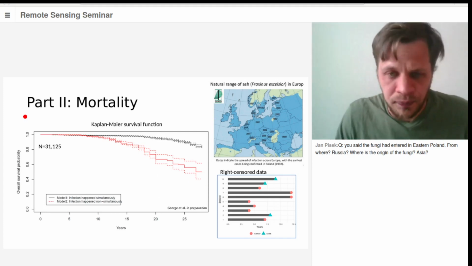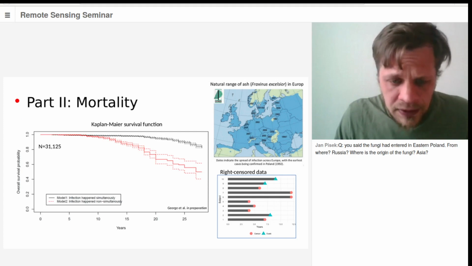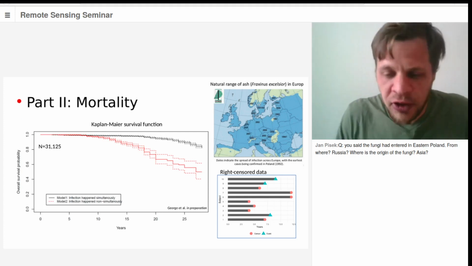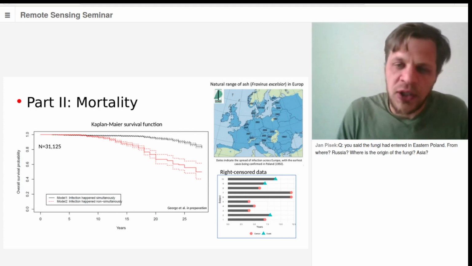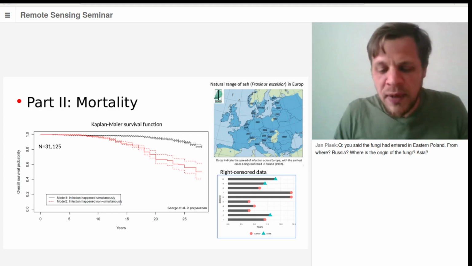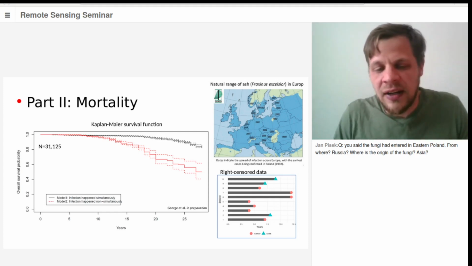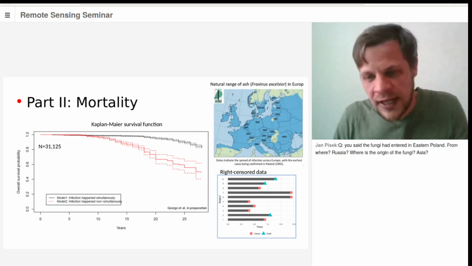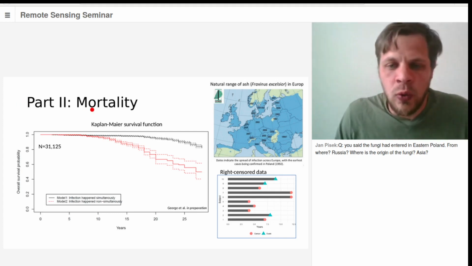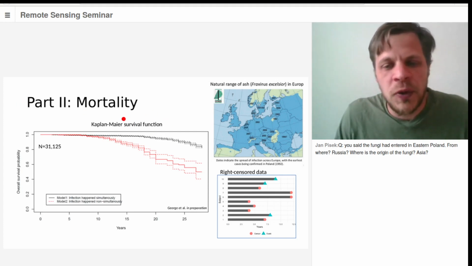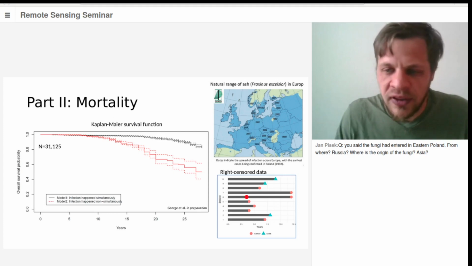It's the same problem. So by 2020, when I got the last data which I included, many trees were still under risk, but they are not dead. So we had to use a survival function which is taking into account this right censored data, and this Kaplan-Meier survival function is doing this very well.